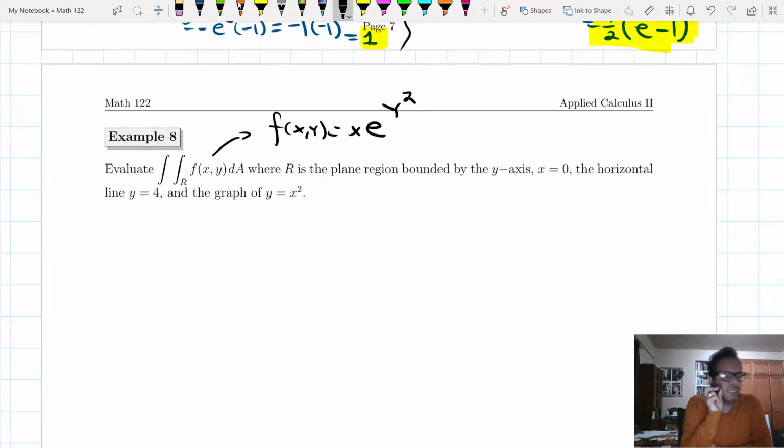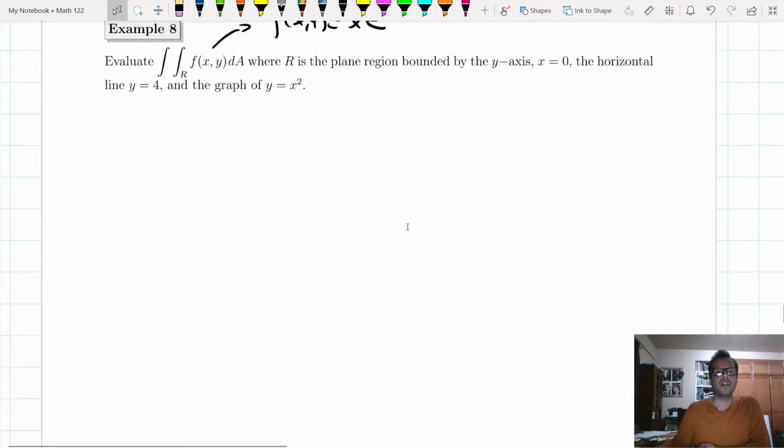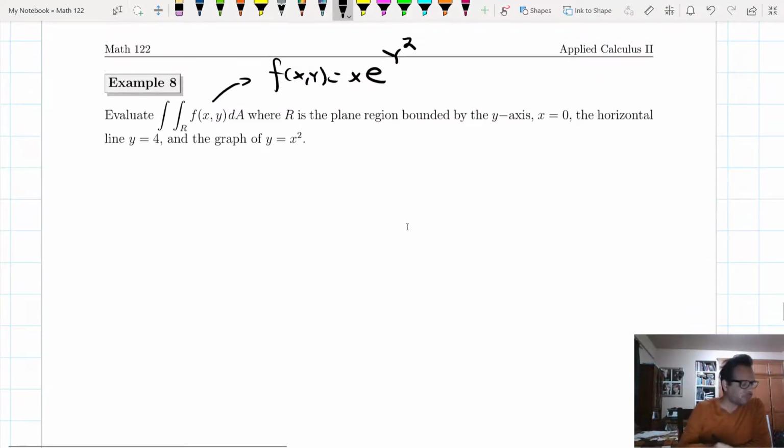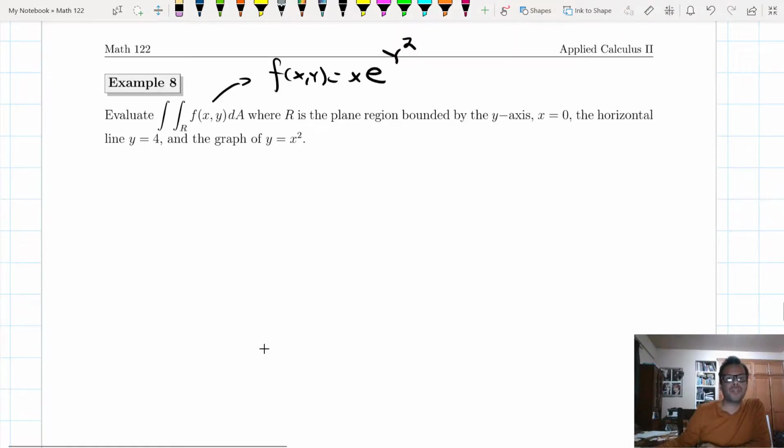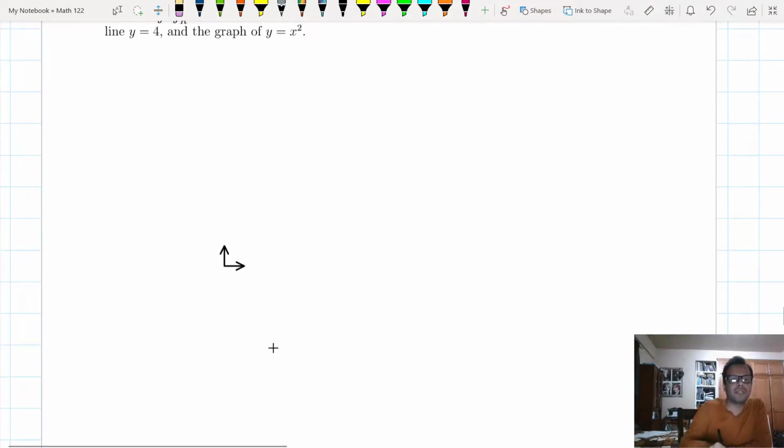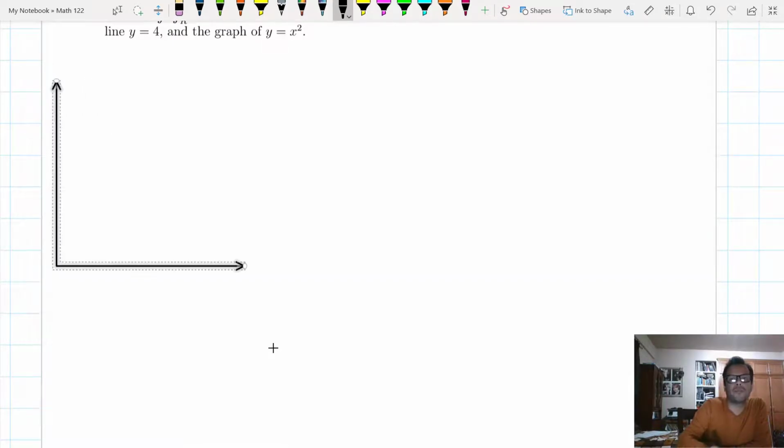All right. This one is going to take another while, another good minute as well. In this case, let's plot the region of integration. We'll write with blue.